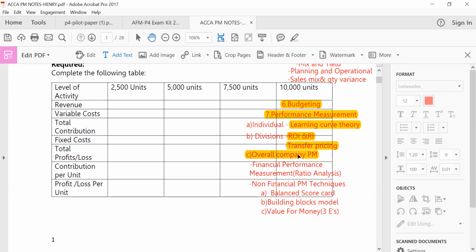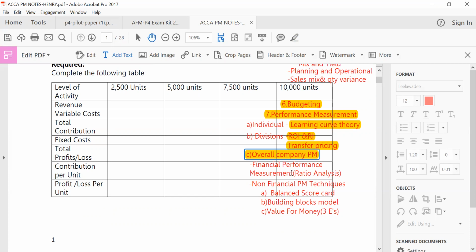So overall company performance measurement, instead of looking at financial performance measurement only in the case of ratio analysis, we do not tend to see the examiner bringing questions like that. It is not like the financial reporting paper or financial management paper where the examiner tends to only bring questions under ratio analysis. Never.